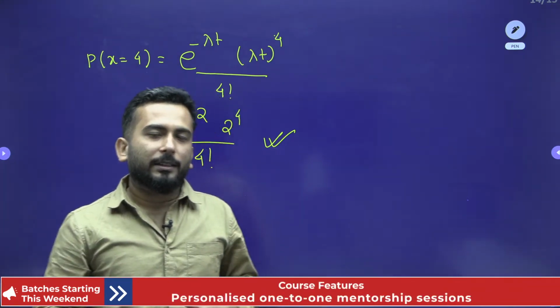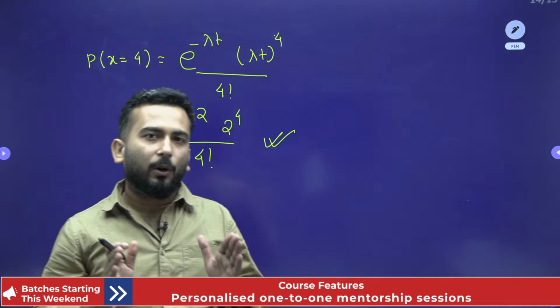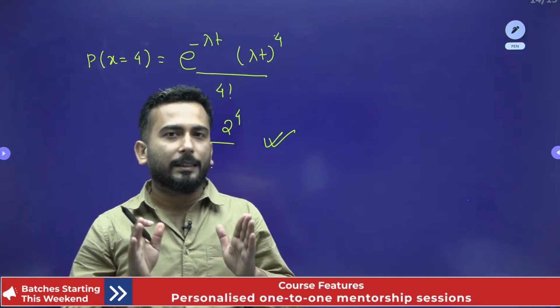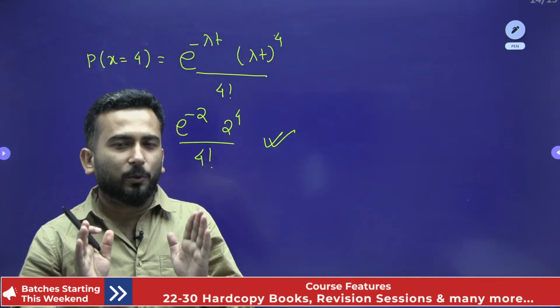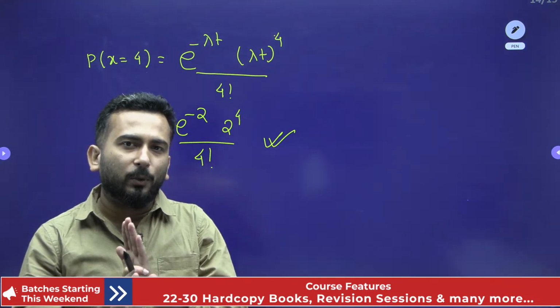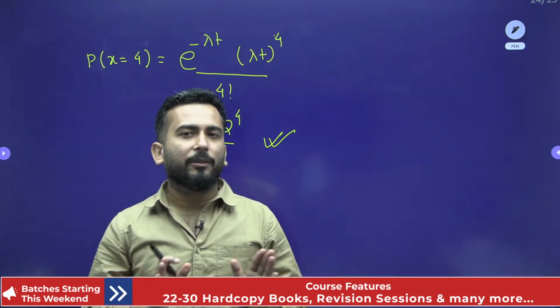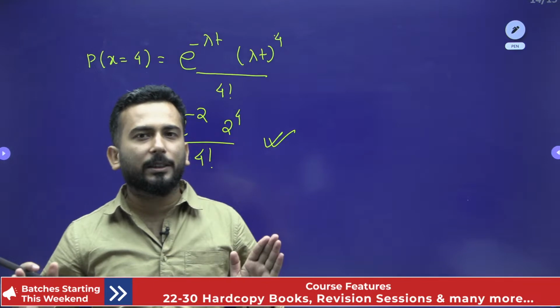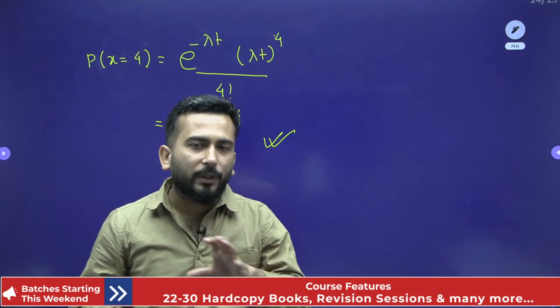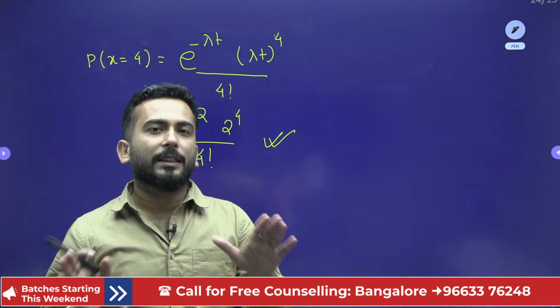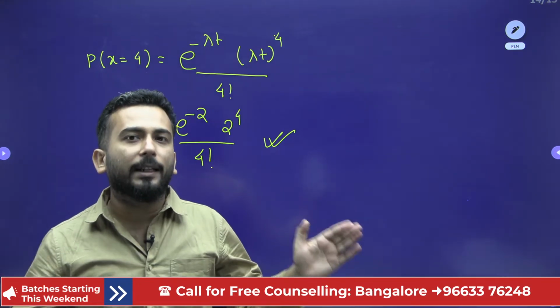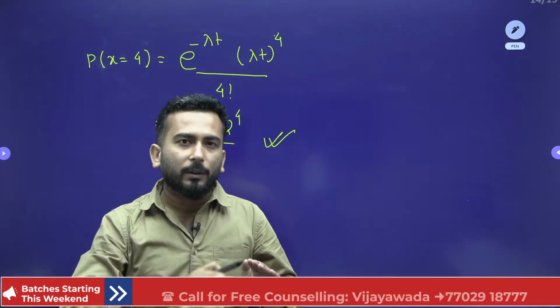So my dear friends, this was all about the complete correlation. I have not taught you exclusively Poisson, exclusively exponential, or even queuing theory. But this was the correlation between all the 3 topics.